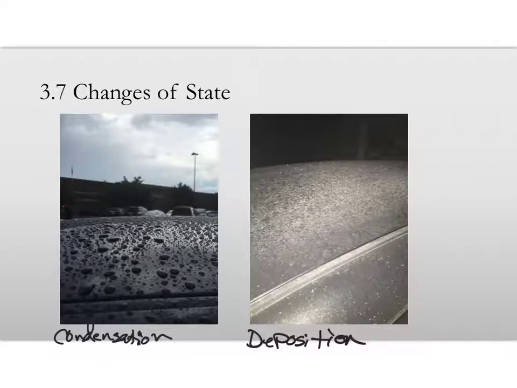It does not condense first, because look at the droplets on here. It doesn't do that and then freeze. It just goes from the vapor state directly to the solid state, because the glass gets cold enough to freeze it instantly.